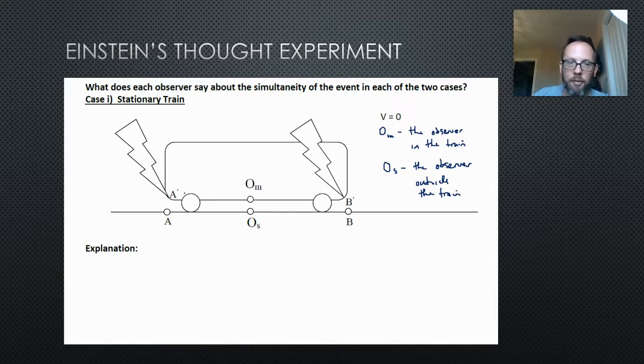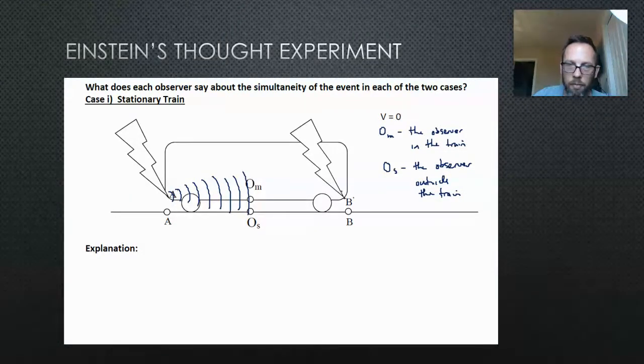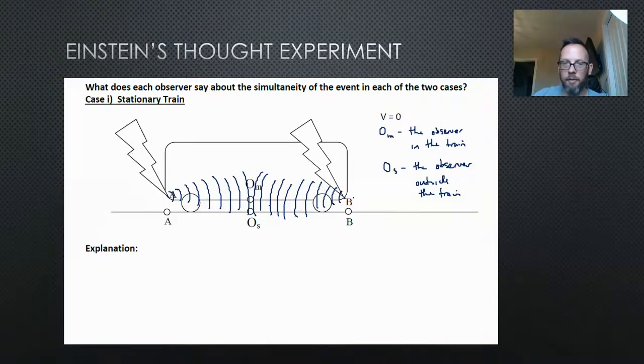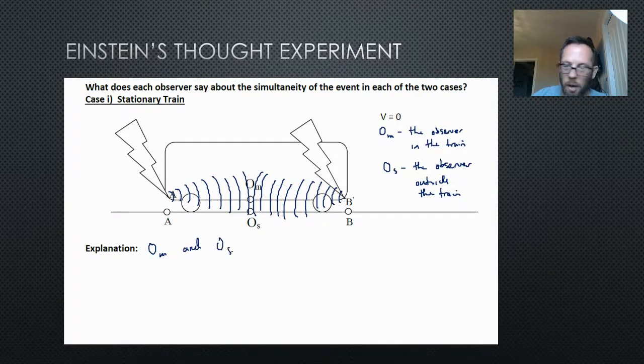Lightning strikes at each spot, and the light takes a certain amount of time to reach each observer. But you can see due to the symmetry, because the train is at rest, the light travels the same distance, same time, same speed. Both observers are going to see the lightning strikes at the same time. So OM and OS see the strikes at the same time.